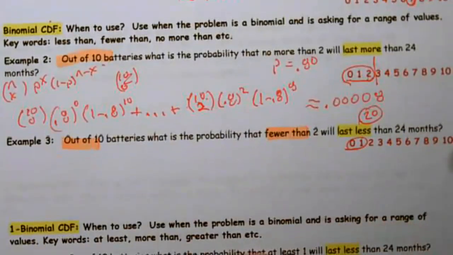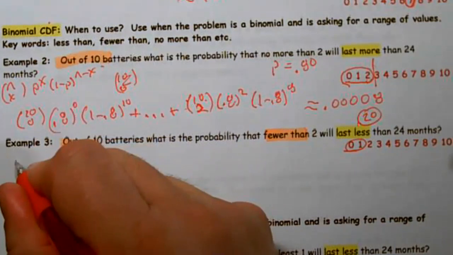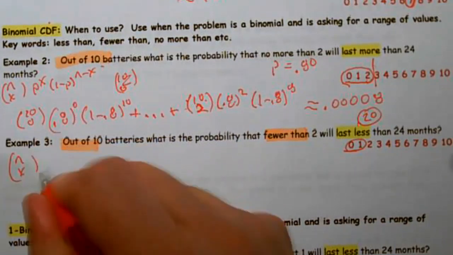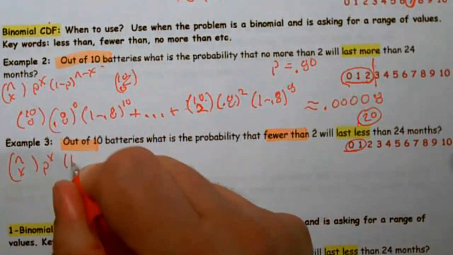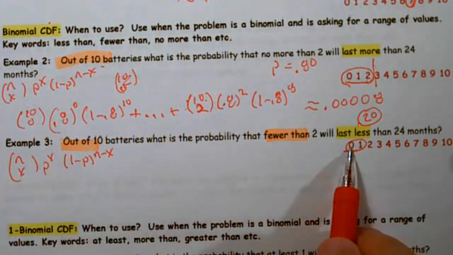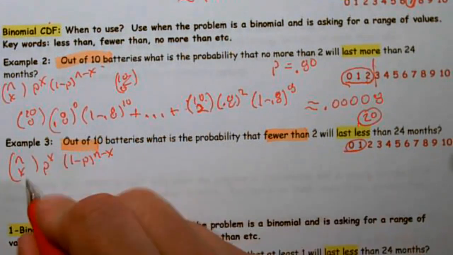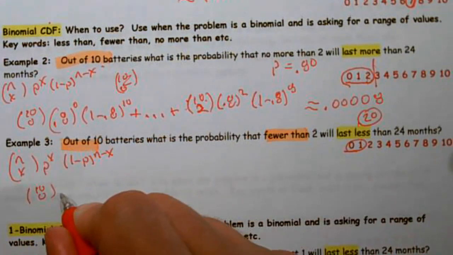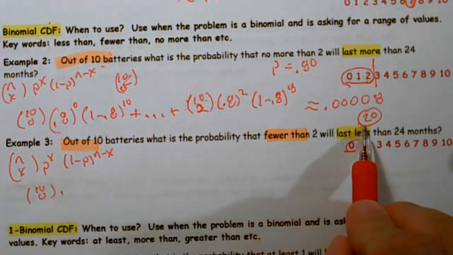So once again, n choose x, p to the x, 1 minus p to the n minus x. We have, in this case, 2. So 10 choose 0. We said less than value is 0.2.